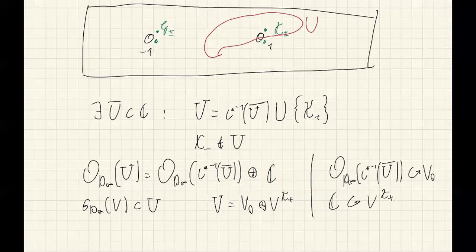And so we act independently on both parts, so we glue it together to an action of the whole infinity on U and V.